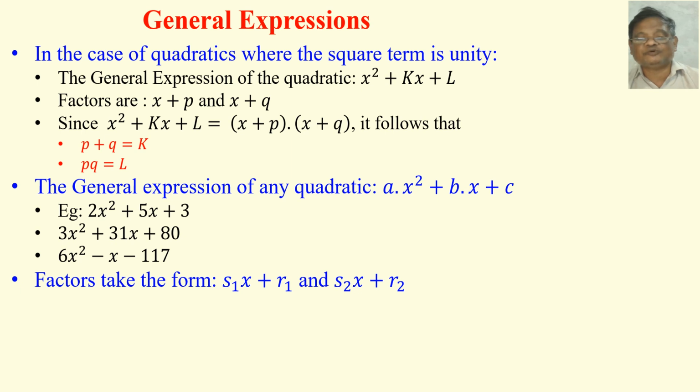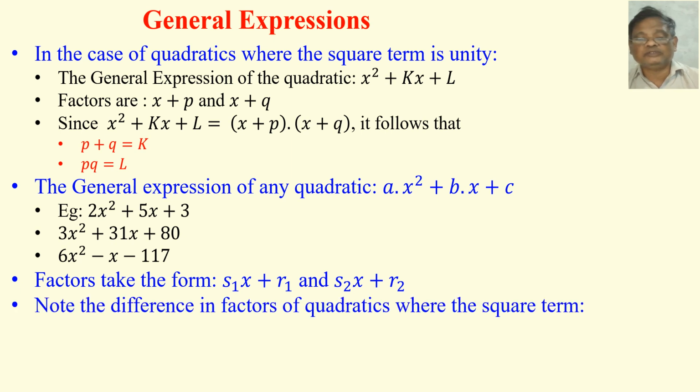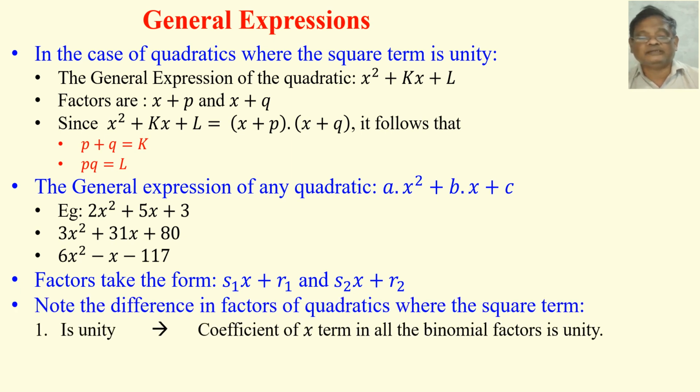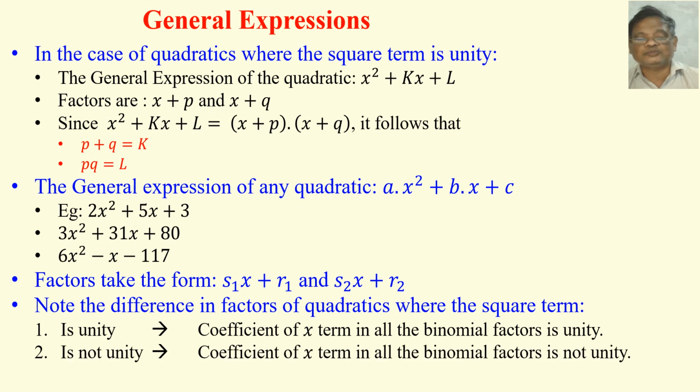Factors take the form s1x plus r1 and s2x plus r2. Note the difference in factors: in quadratics where the square term is unity, the coefficient of the x term in all binomial factors is unity. If the square term coefficient is not unity, the coefficient of the x term in the binomial factors is not unity.